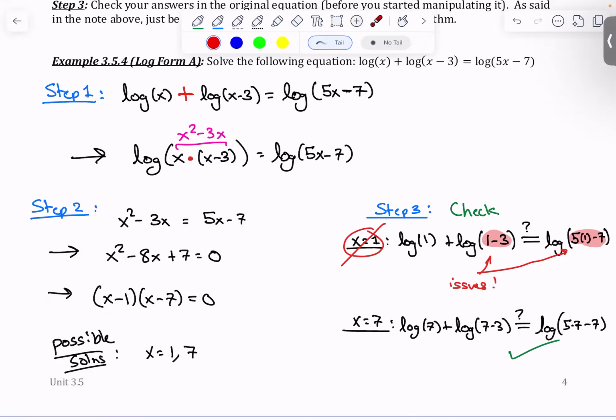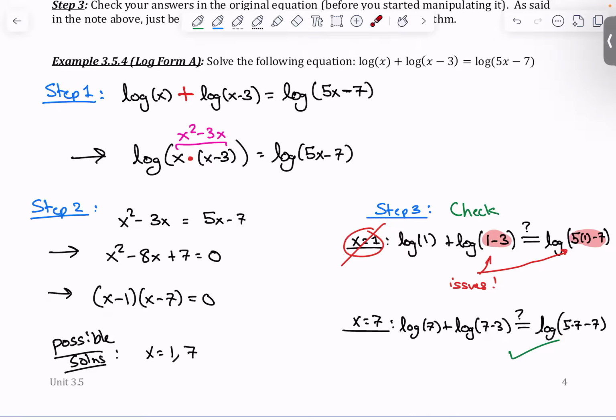But the main thing that I'm looking for is to make sure that the insides aren't negative numbers. 7, not a negative number. 7 minus 3, positive 4, not a negative number. 5 times 7 minus 7, that's 28, not a negative number. So I'm good. As long as the insides are positive, I can be certain that I got it correct.